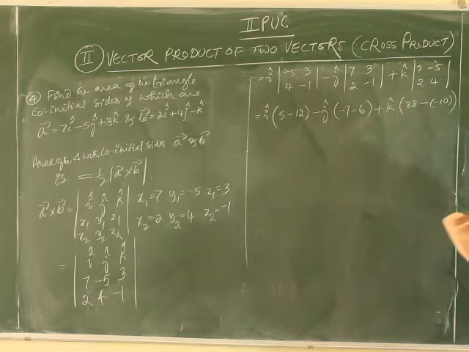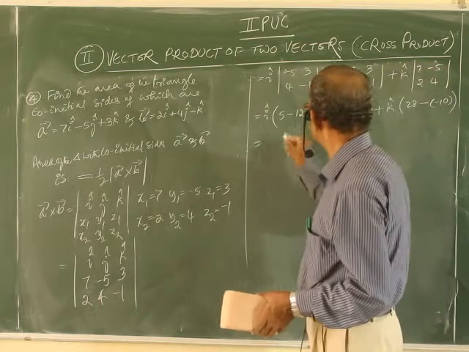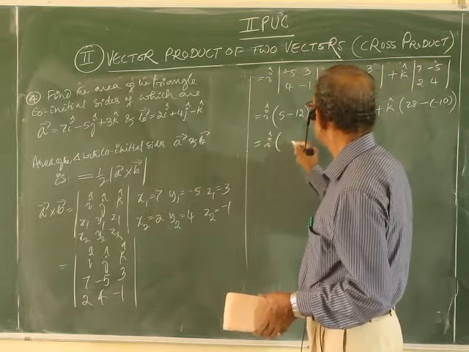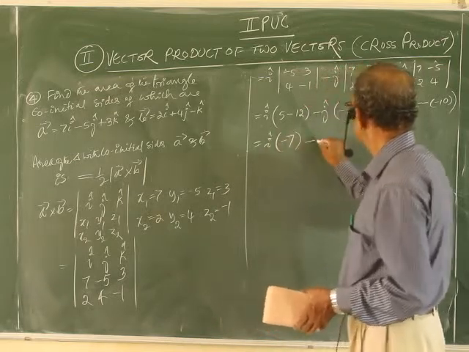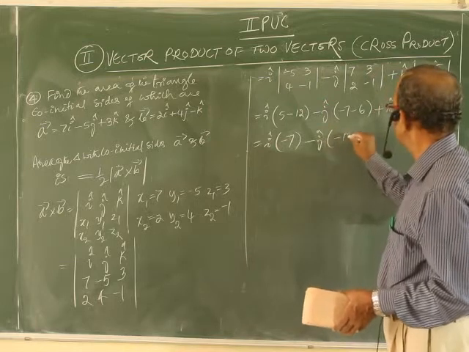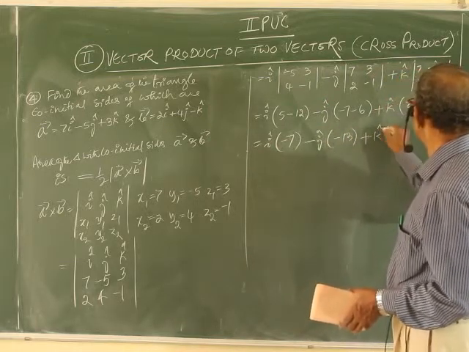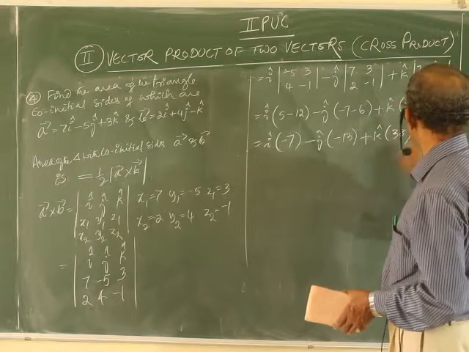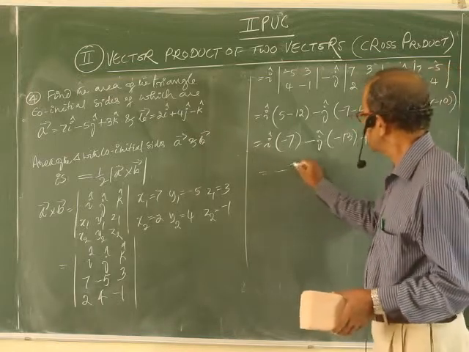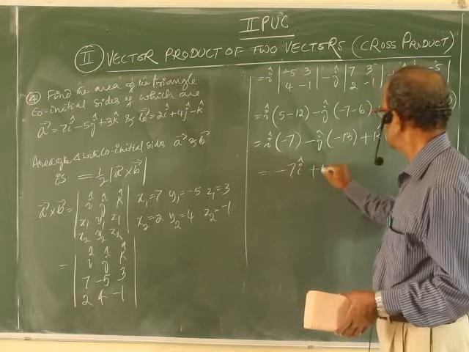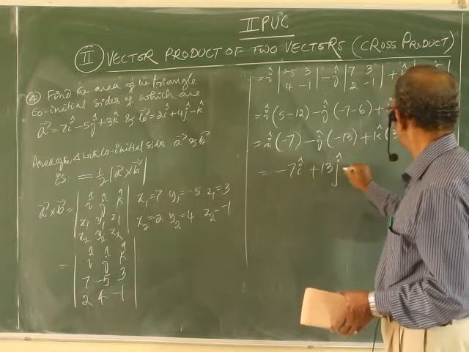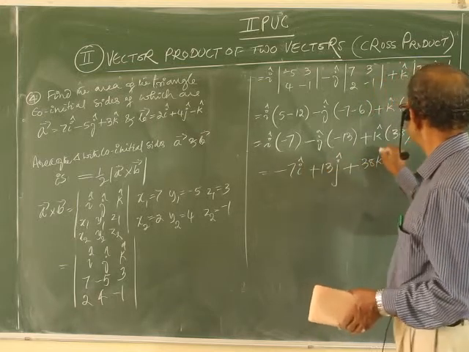It is I into minus 7 minus j into minus 13 plus k into 38. So A cross B is minus 7i plus 13j plus 38k.